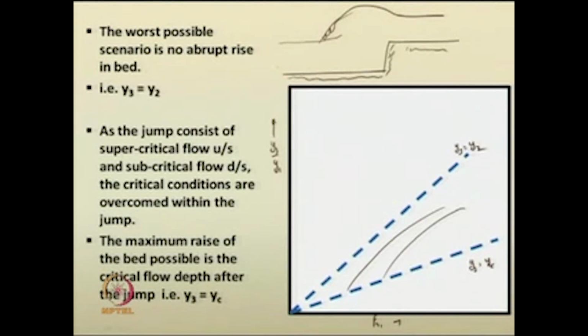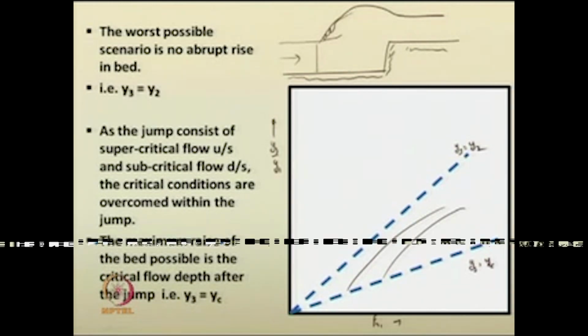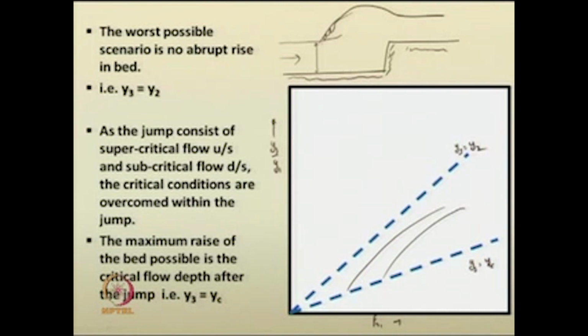So, you have supercritical flow before the jump, subcritical flow after the jump. So, the critical conditions are overcome within this jump, right. It is transforming from supercritical to subcritical in the jump.